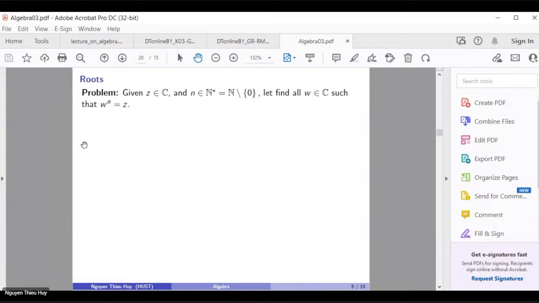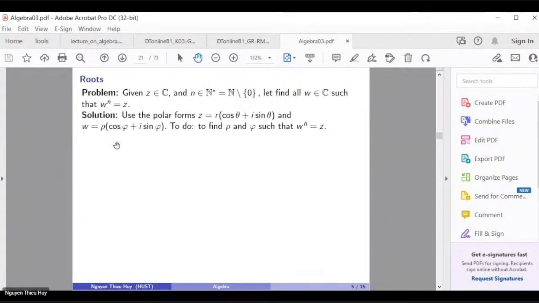And we know that if we use the polar form, then we can raise to a power easily. Therefore, our solution goes as follows. We use the polar forms for z and also for w.